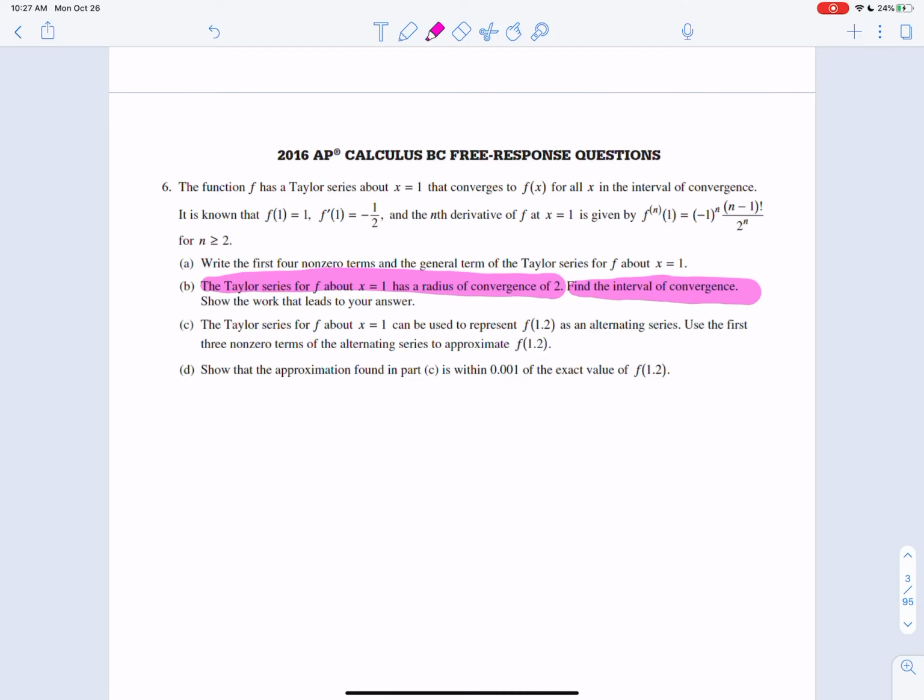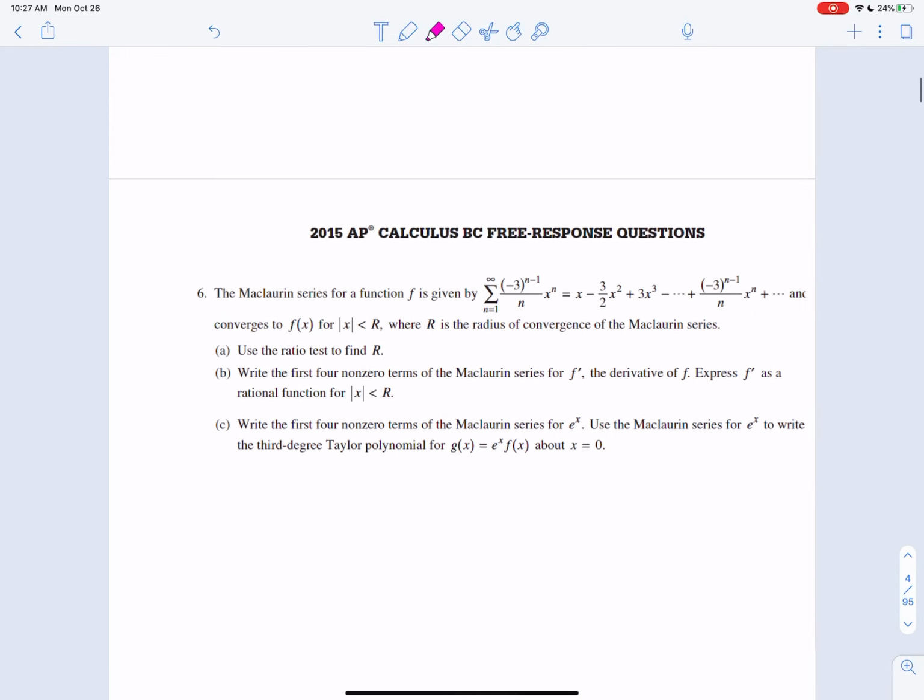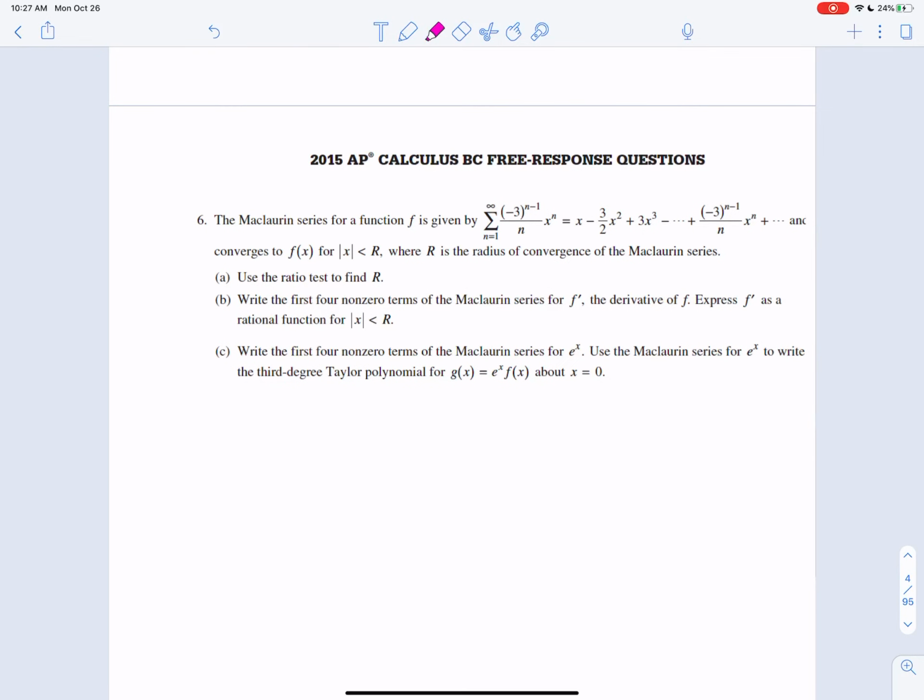Okay, so we're just highlighting now. 2015, if we skim through this, this one is sneaky. This one here is actually in part A. Use the ratio test to find R, but if you notice, R is defined as the radius of convergence, so a little bit sneaky there, all right?